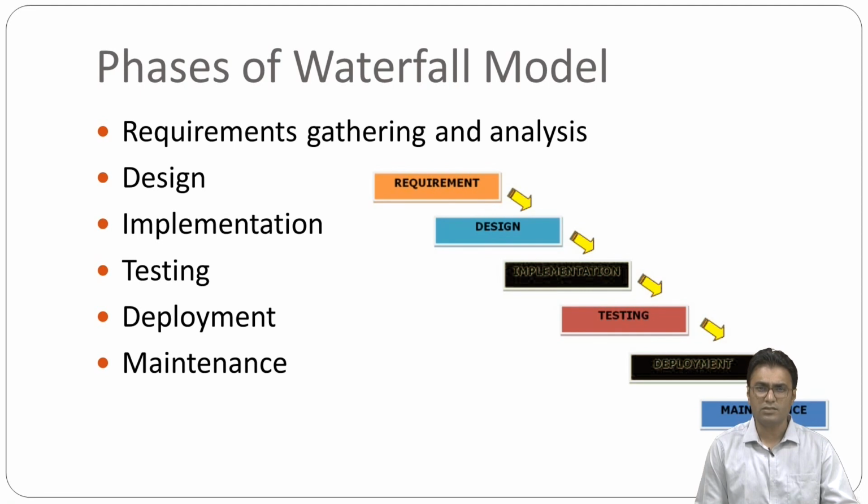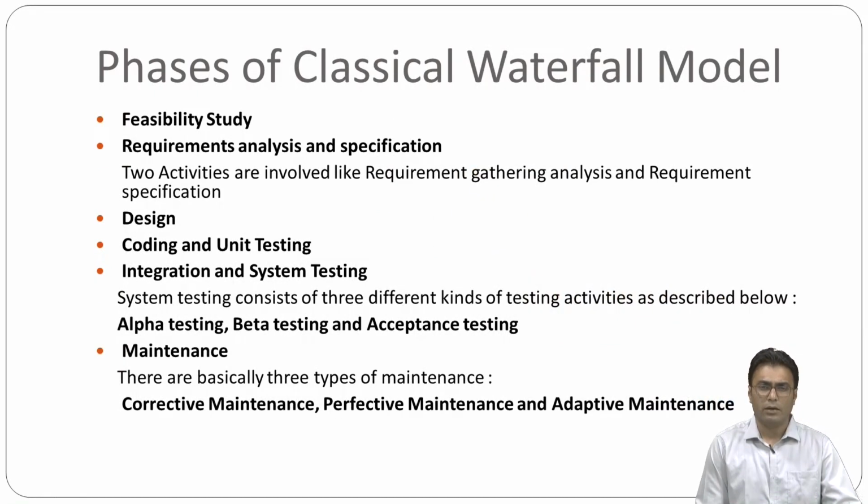Here, the phases do not overlap with each other. In the next slide, the different sequential phases of the classical waterfall model are available on your screen. Let us now learn about each of these phases in detail.